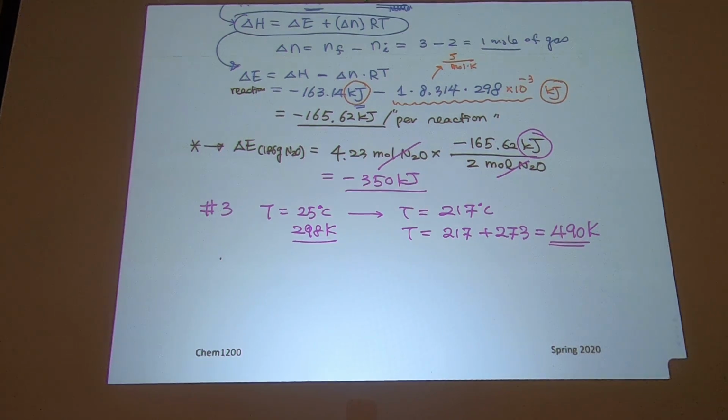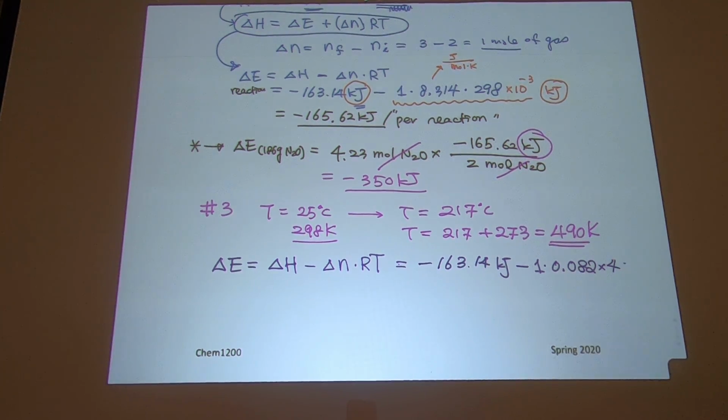So they want to know delta E first. So delta H per reaction minus delta N times RT. And then I can use the same number, 163.14 kilojoule minus 0.082... temperature 490, and make the unit kilojoule, so I just multiply by 10 to the minus 3.